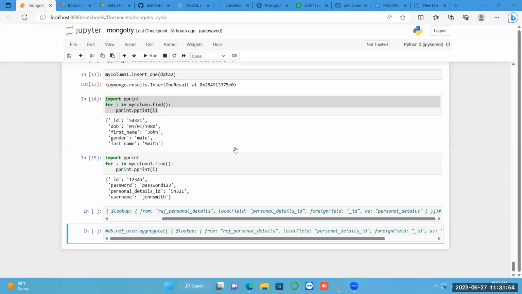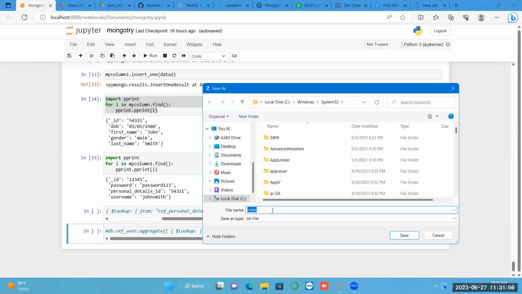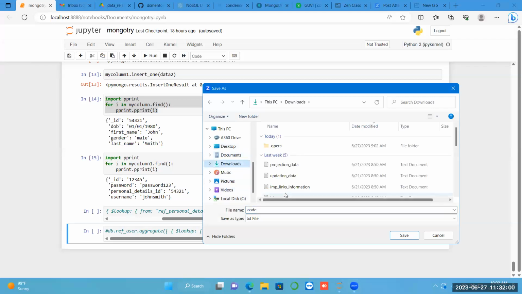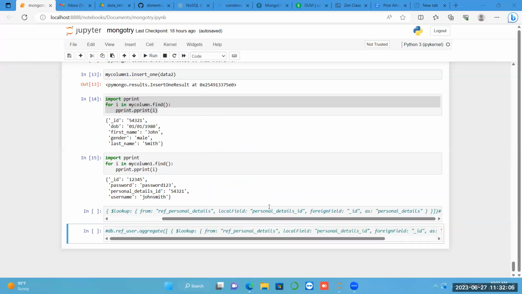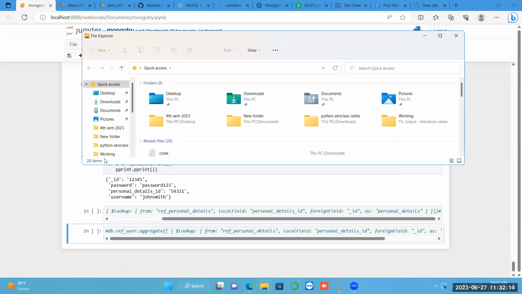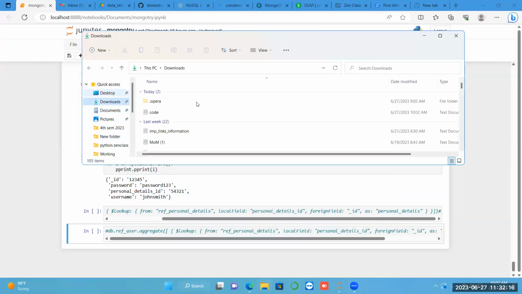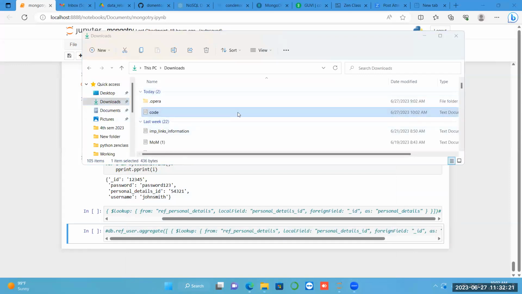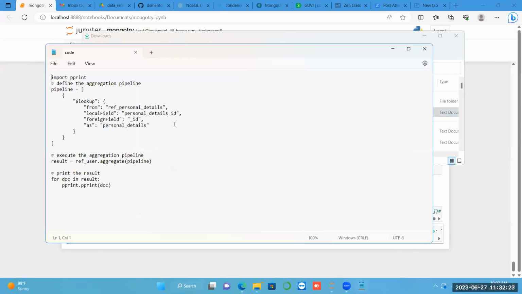You downloaded that, right? Yeah, I have downloaded. Go to downloads. Correct. Now open that text file and copy this whole code.